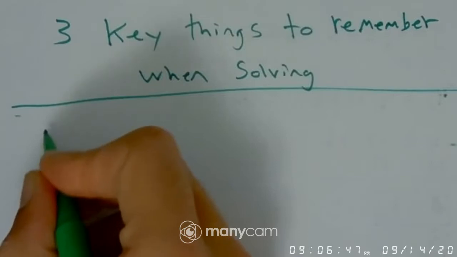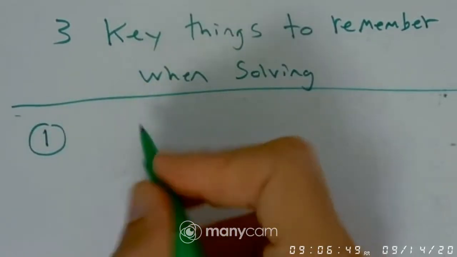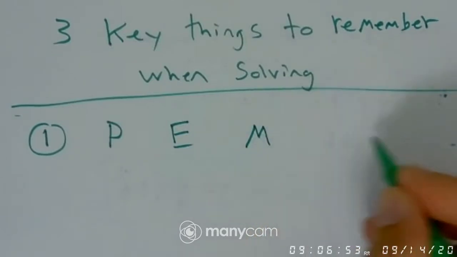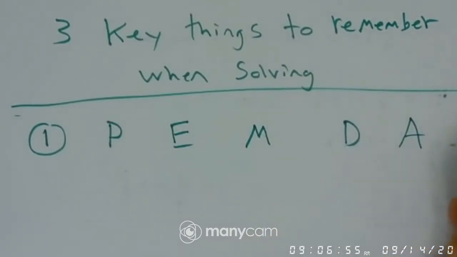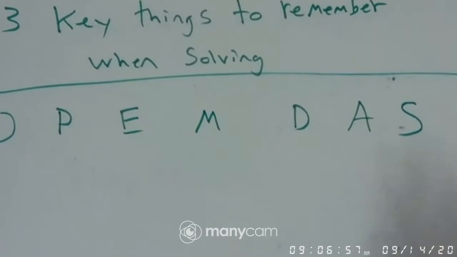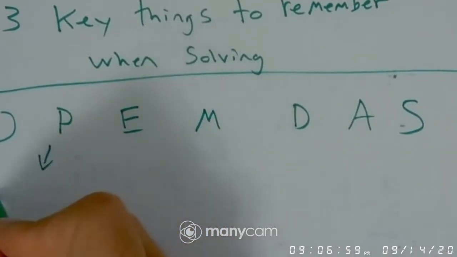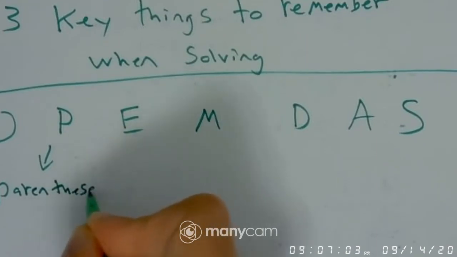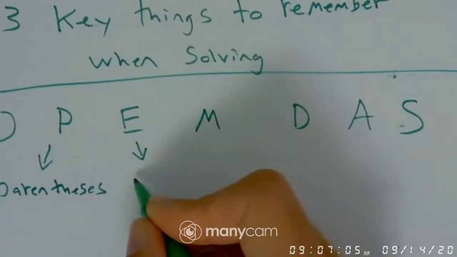Okay, so the first one is PEMDAS. Wrote it really big out there. So P is for parentheses. E is for exponents.